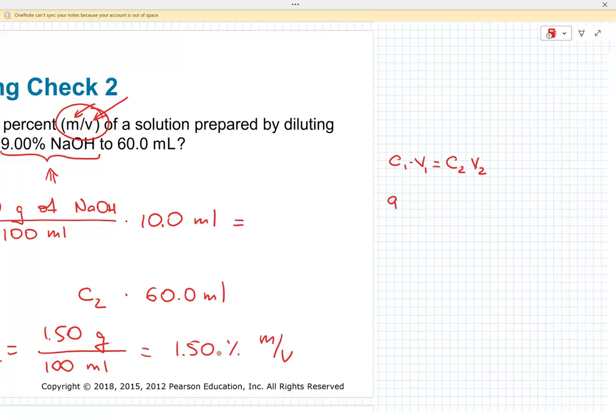C1 is 9%. I'm not going to do all the significant figures. V1 is 10 ml. C2 is unknown, but V2 is 60 ml. Right? Then you just solve this equality and get C2 being 1.5. Does that make sense to you?